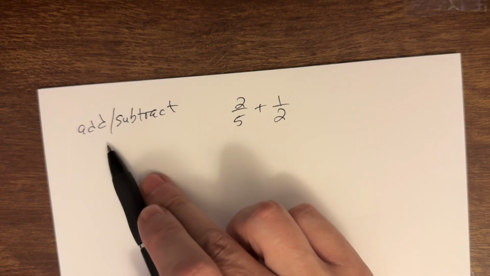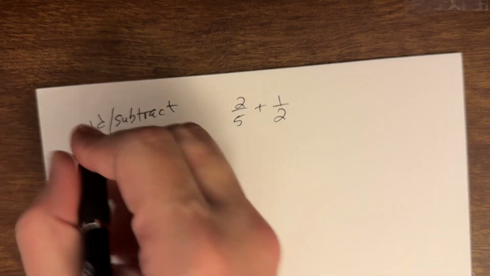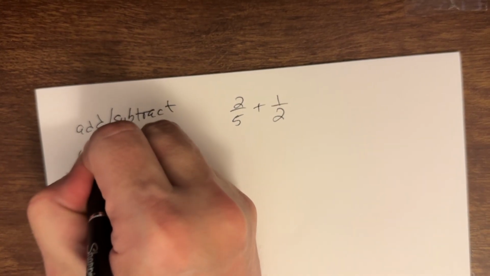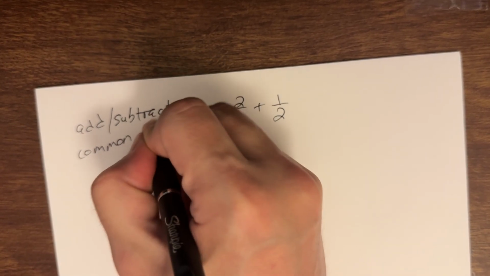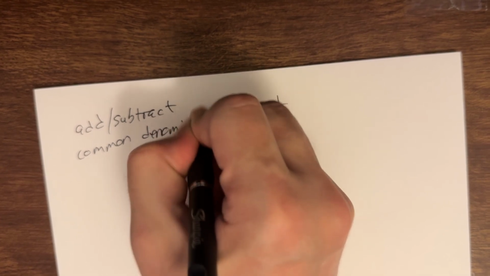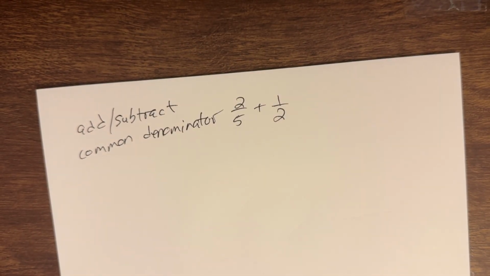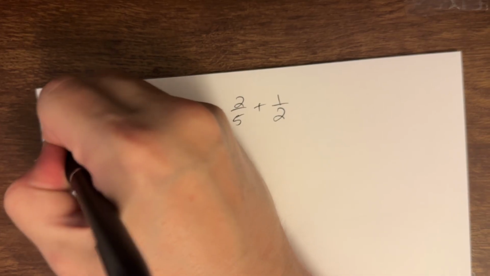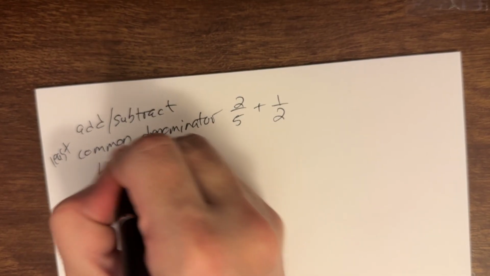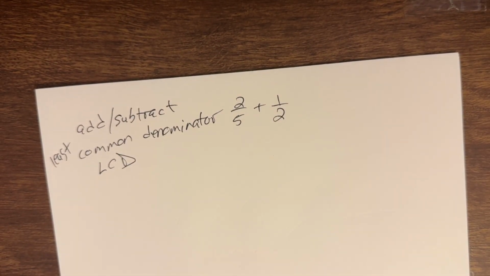The point of adding or subtracting in fractions is all about having a common denominator. Now, ideally, we would like the least common denominator, the LCD. The least common denominator would be ideal.